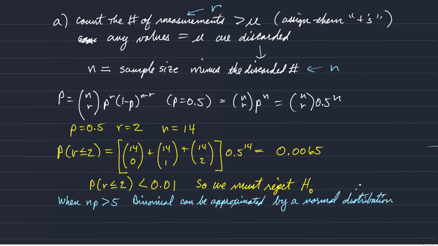And so the z value that you would use here is r minus the expected value, or the mean, which is n times p, divided by the standard deviation, which is the square root of np times 1 minus p. And with p equals 0.5, this turns into 2r minus n over the square root of n.